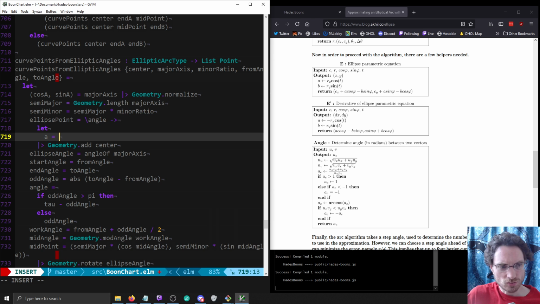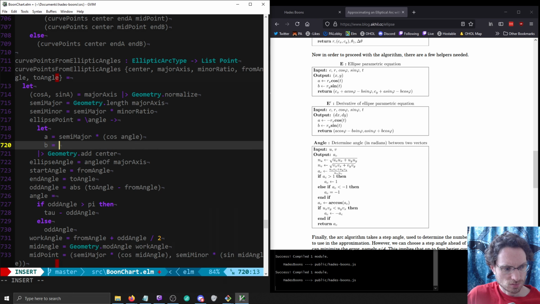Let A equal, our x is the semi-major. No, not, yeah, whatever angle we're given.